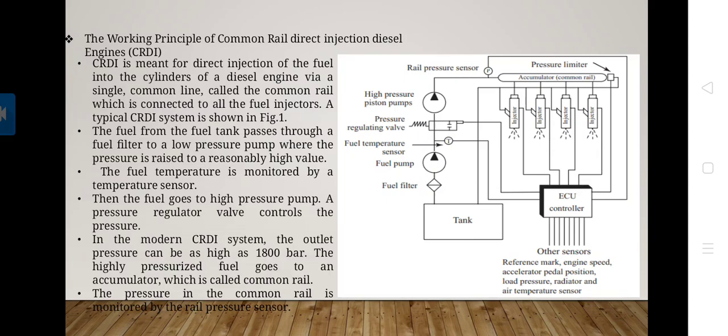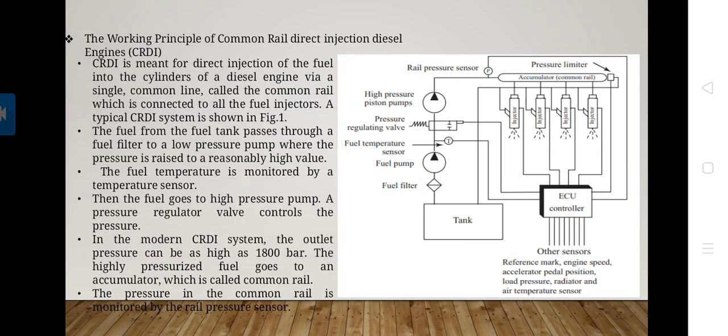Here in this figure we see a typical diagram for the CRDI engine. There is a fuel tank, and fuel comes from this tank to a fuel filter where it is filtered. Next the fuel goes to the fuel pump, where a fuel temperature sensor senses the inlet fuel temperature, and there is a pressure regulating valve and a high pressure piston pump.